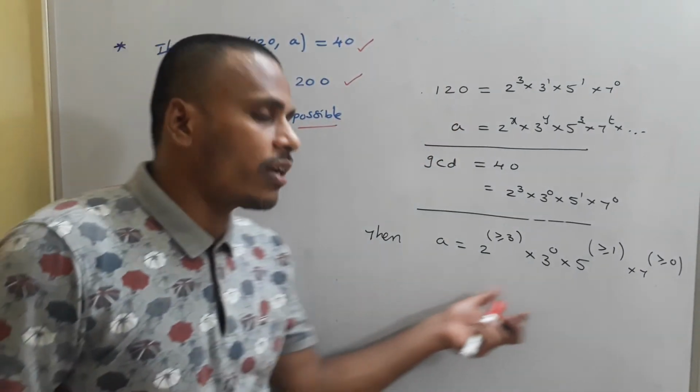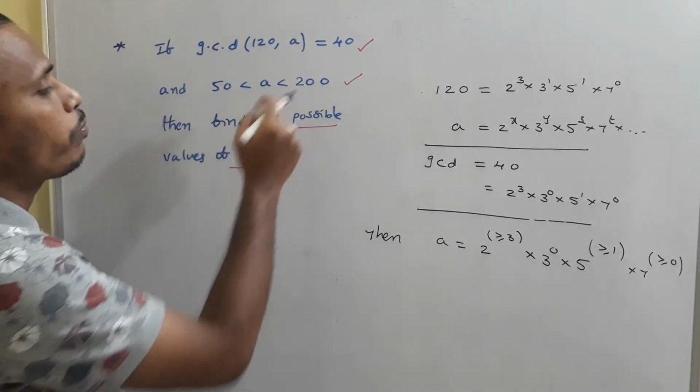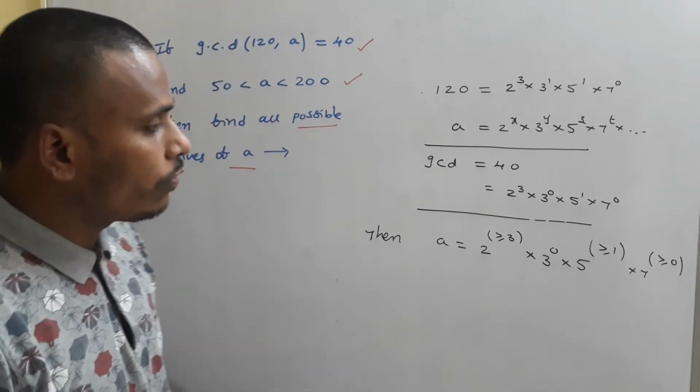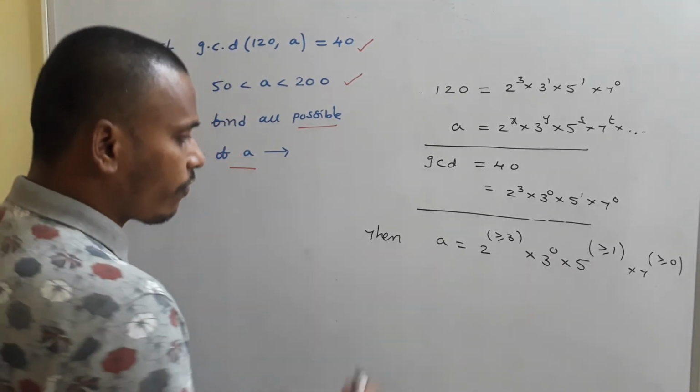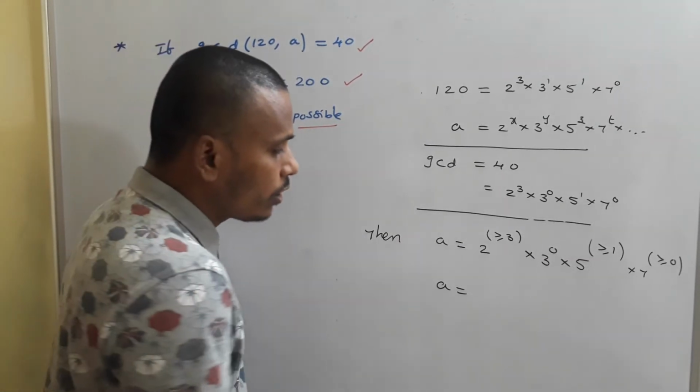Likewise, we will construct A. Now our task is to find all the possible values of A. We need to construct all the possible values of A with this factorization. So what are the possible values of this number?